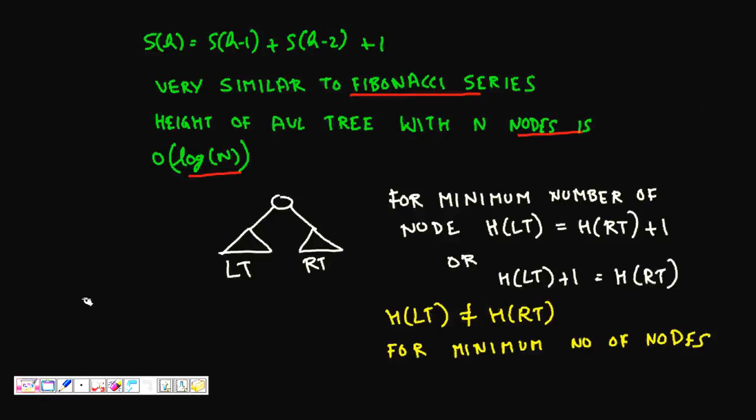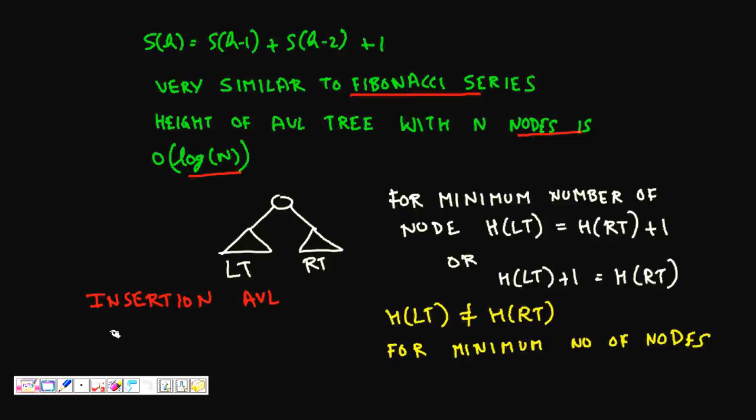In our next lecture, we will study insertion. We will see how we insert items into the AVL tree. The insertion is similar to the BST, but it can cause the balance factor to become greater than 1.